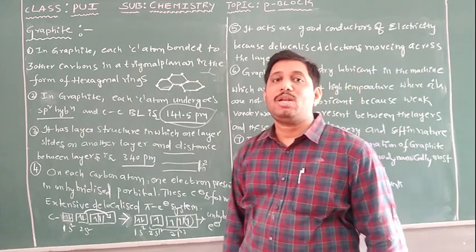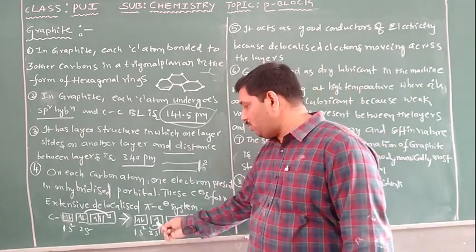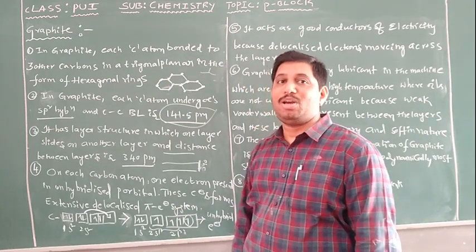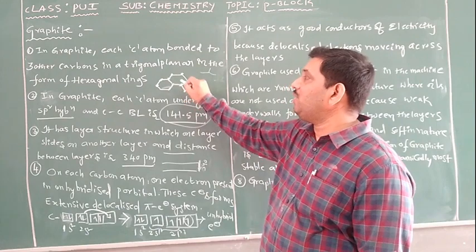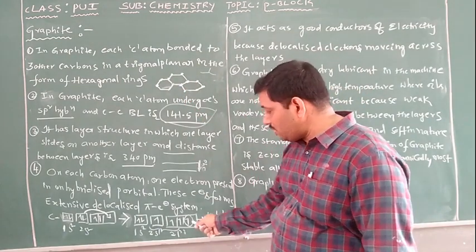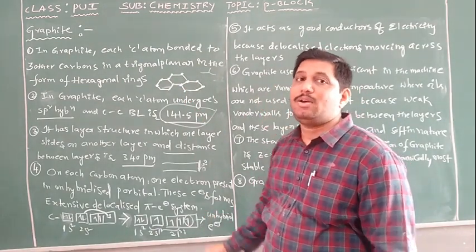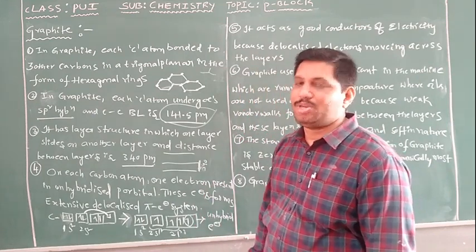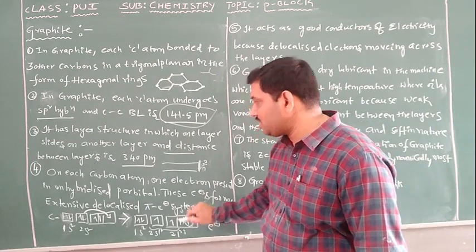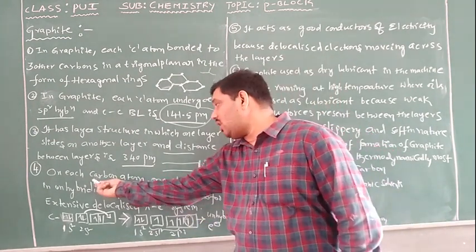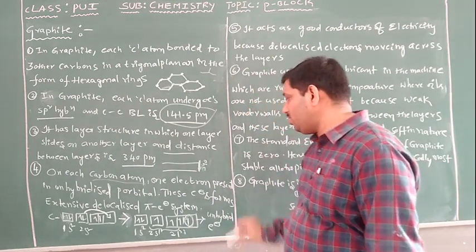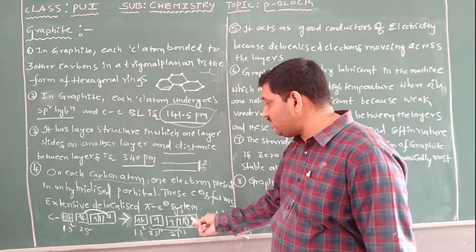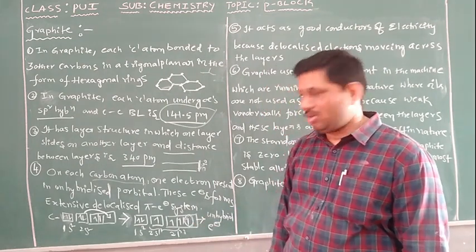Since the carbon atom undergoes sp2 hybridization, one s orbital overlaps with two p orbitals to form 3 sp2 hybrid orbitals. Hence, they can bond in a trigonal planar manner. But what about this electron? This electron is present in the unhybridized 2pz orbital. Regarding this electron, this point we are discussing today. That is, on each carbon atom, one electron is present in the unhybridized p orbital.